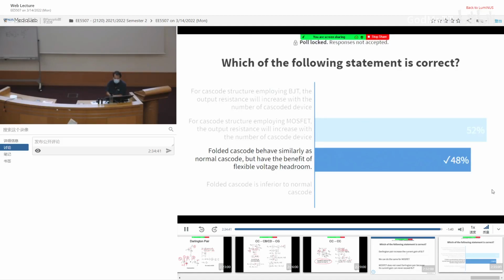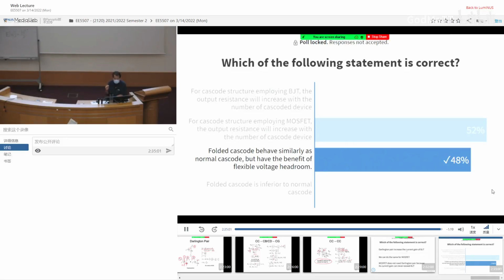Why a lot of you think about second one? You didn't remember what I said? Eventually it's limited by leakage. So when you say which statement is true, this means it's universally true, cannot be wrong.